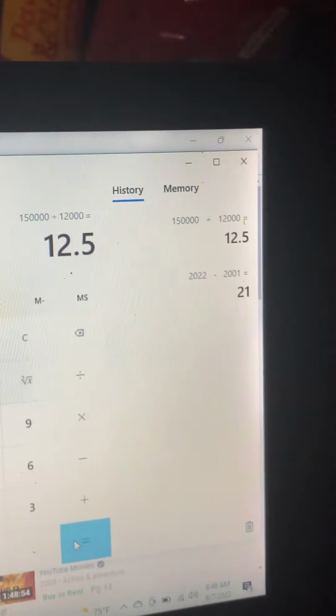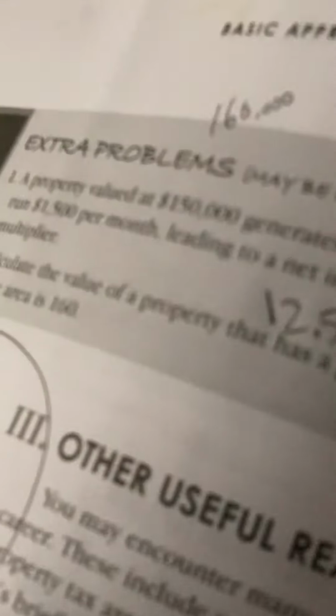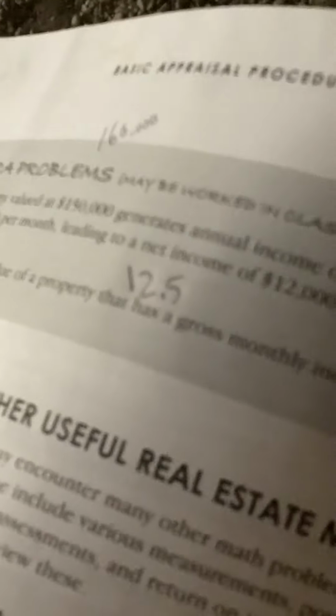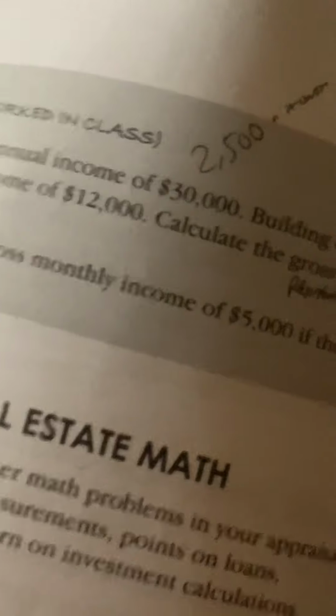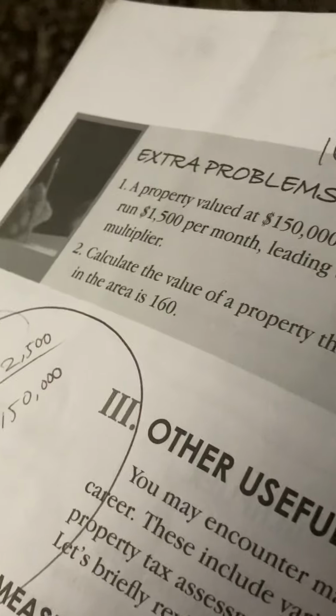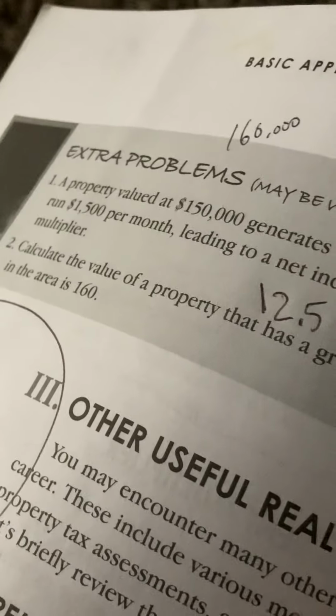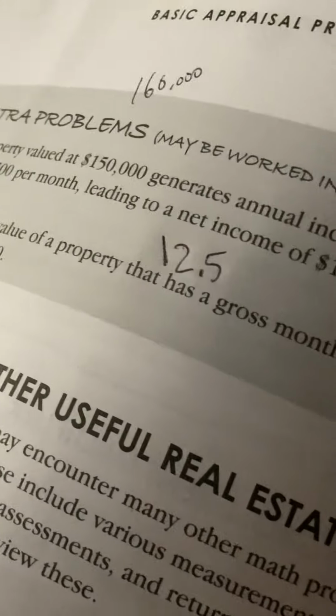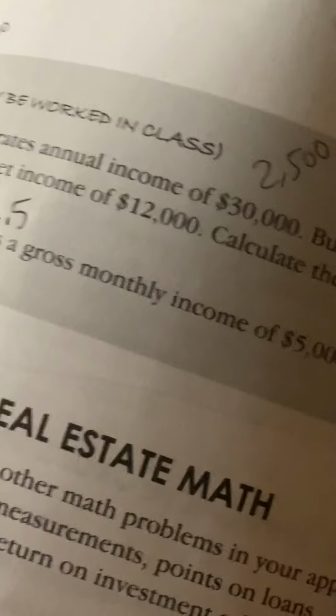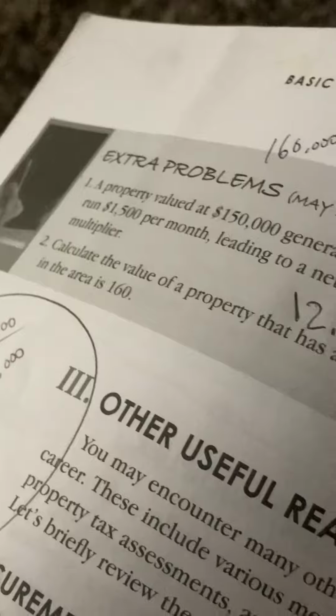Number 2, calculate the value of a property that has a gross monthly income of $5,000 if the gross rent multiplier is 160.